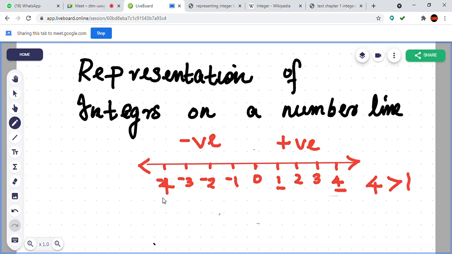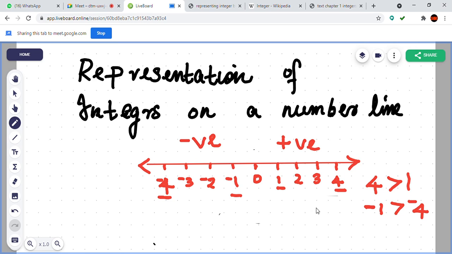But if you take the numbers -4 and -1, which is on the right? -1 is on the right. So which will be greater, -4 or -1? -1 is greater. So considering -4 and -1, -1 is greater than -4.